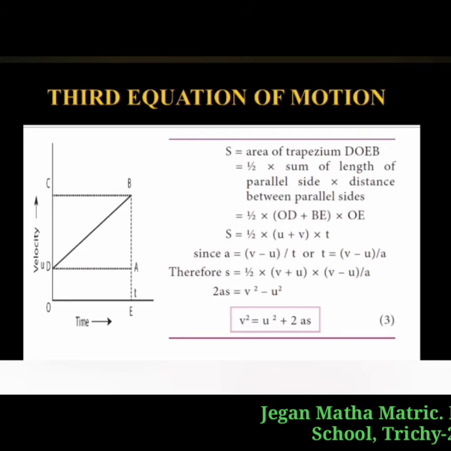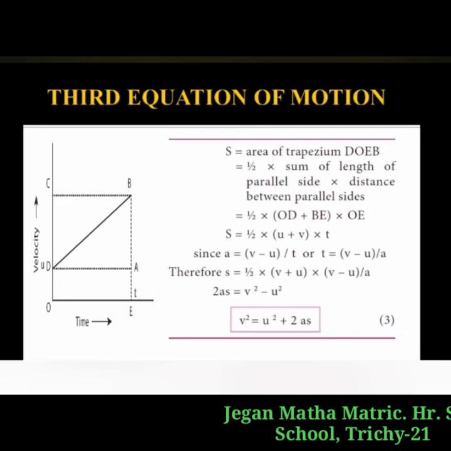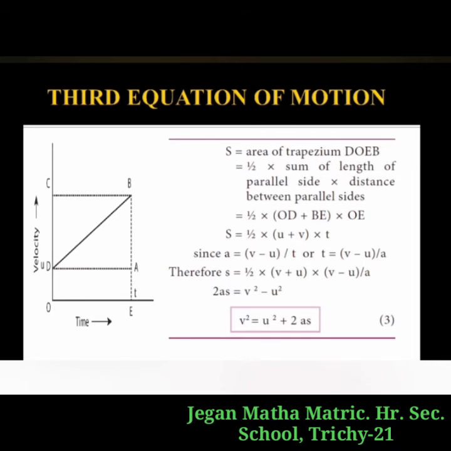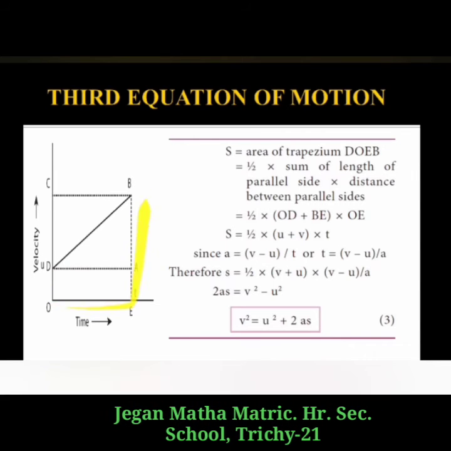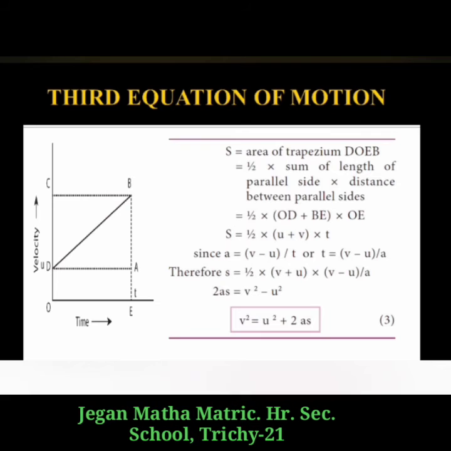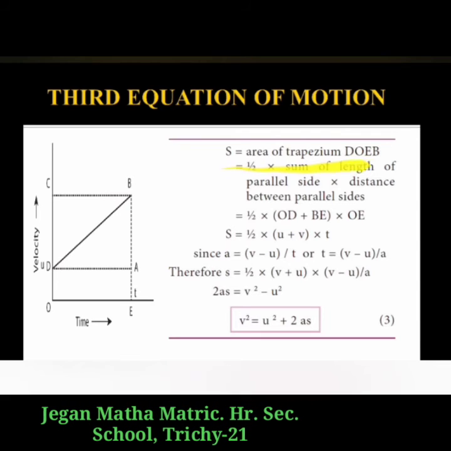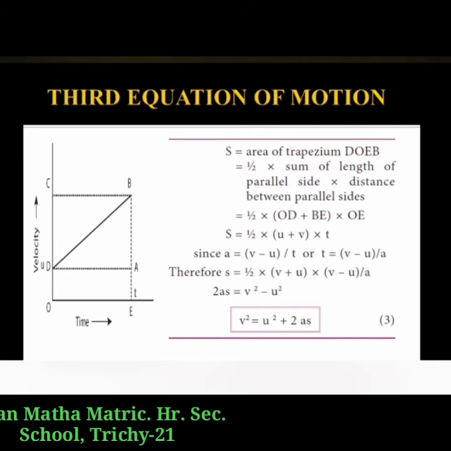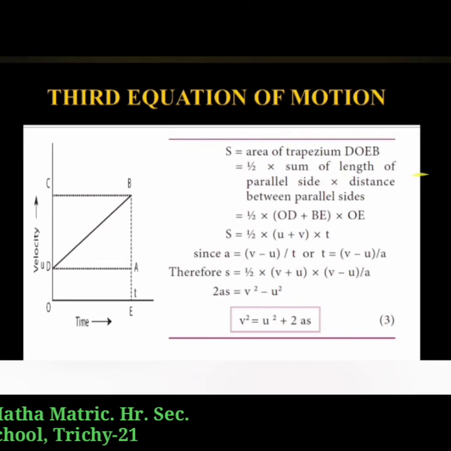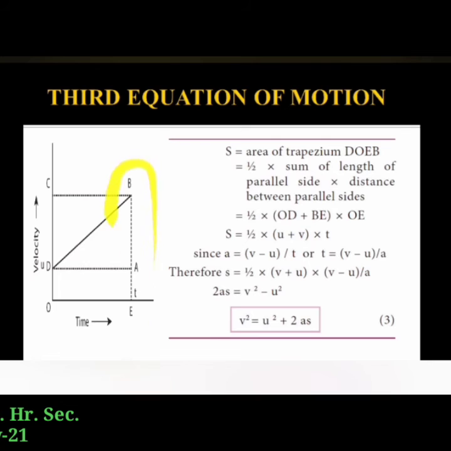Third equation of motion. The distance covered by the object during time t is given by the area of the quadrangle DOEB. Here DOEB is a trapezium. So s is equal to area of trapezium DOEB. The formula for area of trapezium is half into sum of length of parallel sides into distance between the parallel sides.